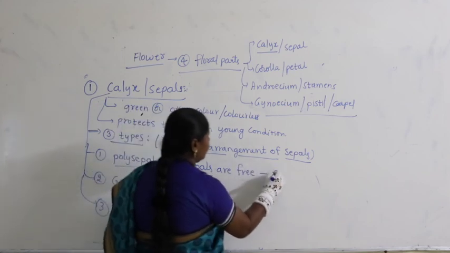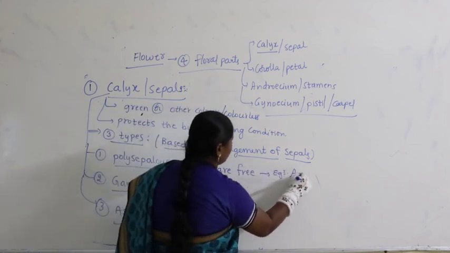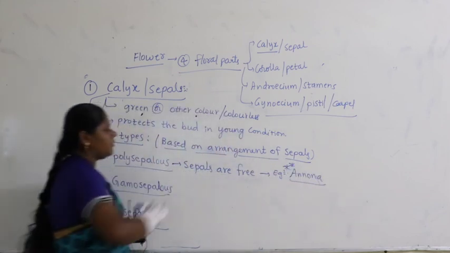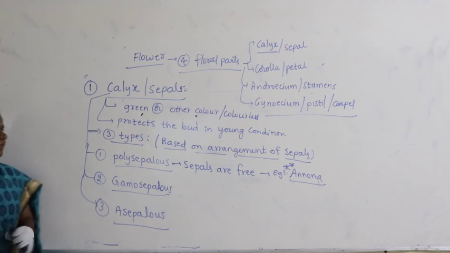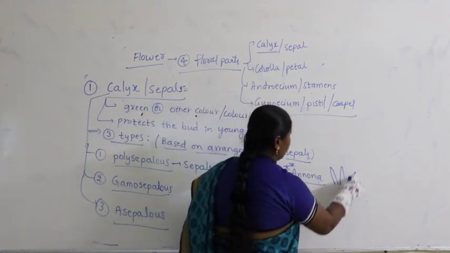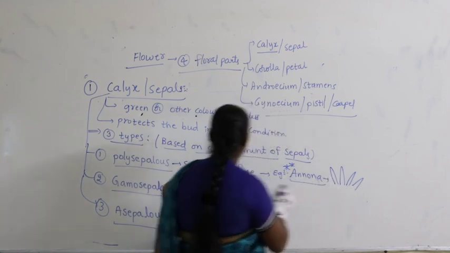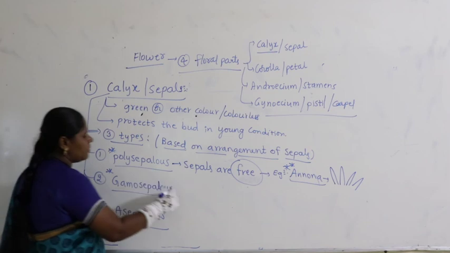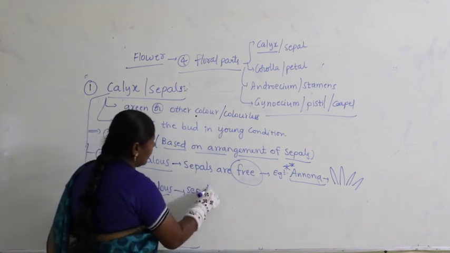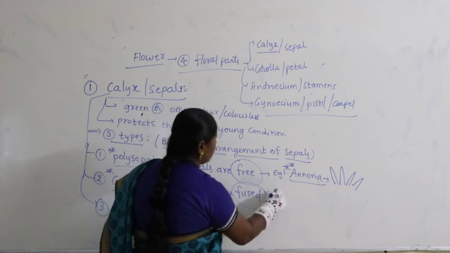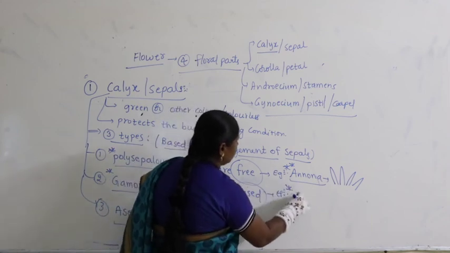You can take the example Annona. What is the meaning of that? Sepals are completely free. They are not attached. When sepals are free, it is called polysepalous. What is gamosepalous? Sepals are fused. You can take the example Datura.